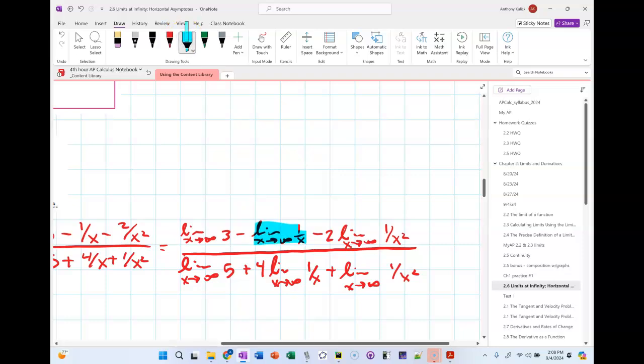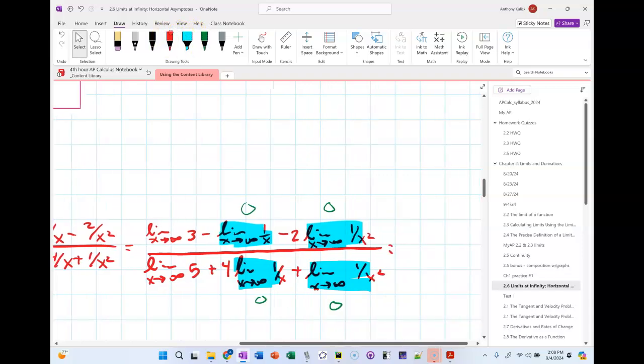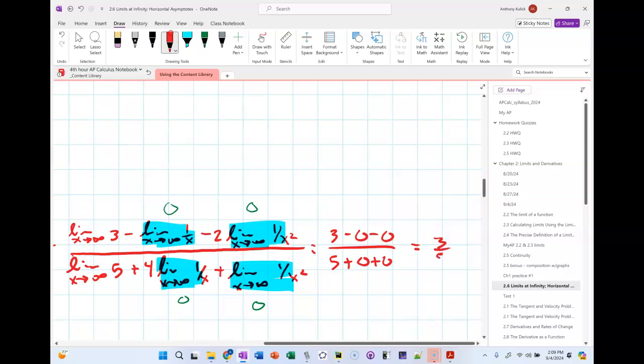Okay. This limit is 0. We just did it, right? This limit is 0. This limit is, and this limit is, okay. And then what's the limit of 3? Limit of a constant is just a constant, right? Hold on, I'm going to get there. That's 3/5, right?